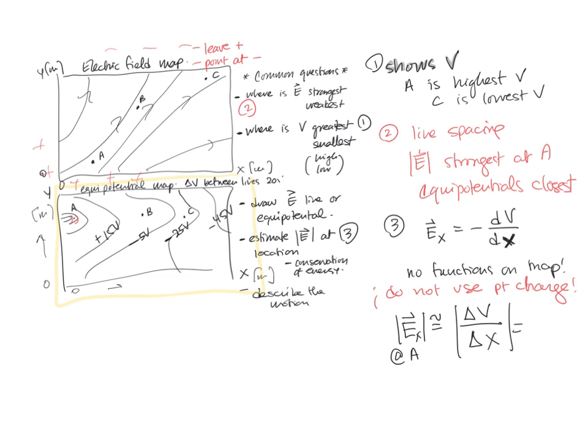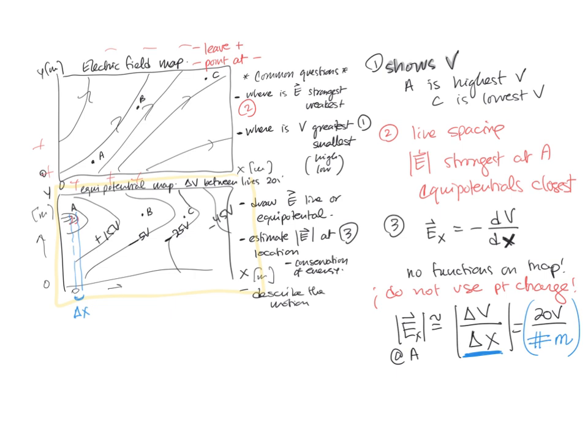So I know from the map it says it's 20 volts between lines. I have one line, another line, and I have to remember that you get this from reading the scale. So I would come down here and read the scale on my axis to get delta X. I would plug in whatever number that was in meters, and I would take the fraction, and that would give me the field strength.